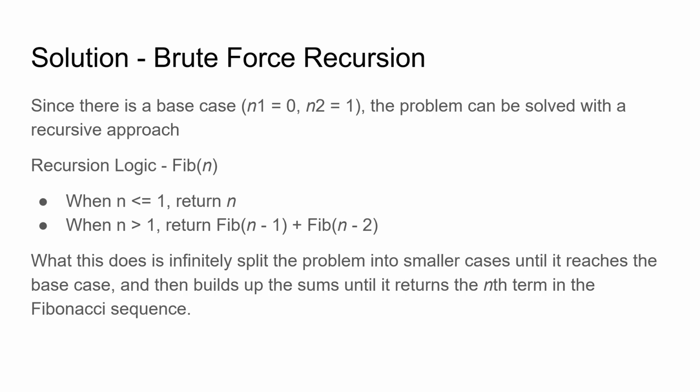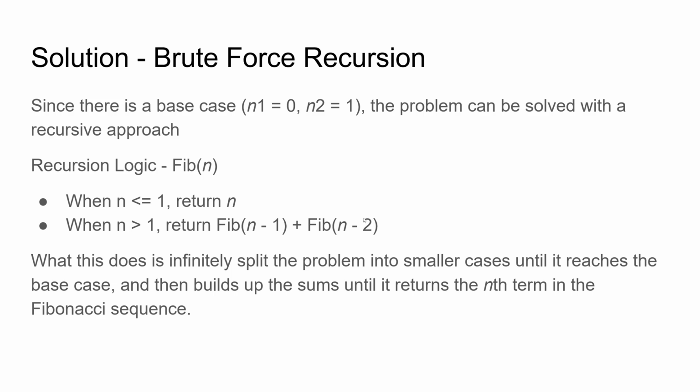So the idea is it infinitely splits the problem. Let's say you want to find the second number in the Fibonacci sequence. For some reason, 0 is the 0th term. We're going to ignore that. So we're going to find the second term. It's going to say, okay, the current n is greater than 1. So it's 2, and it's not going to do the first part.